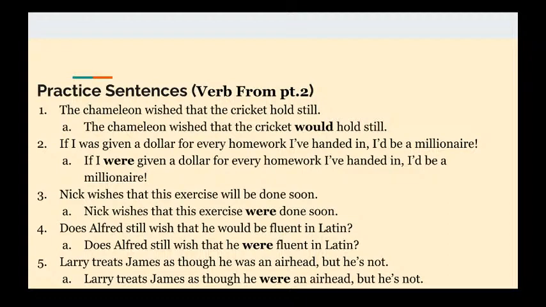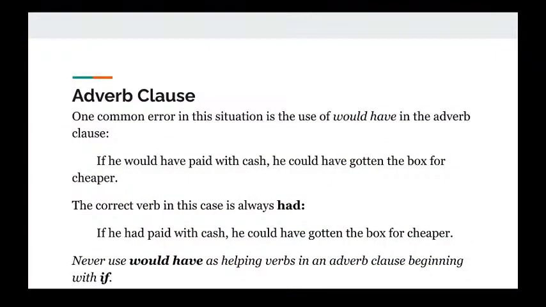This new correct sentence would be if I were given $1 for every homework I handed in, I'd be a millionaire. This relates back to the adverb clause slide: never use would have as helping verbs in an adverb clause beginning with if.